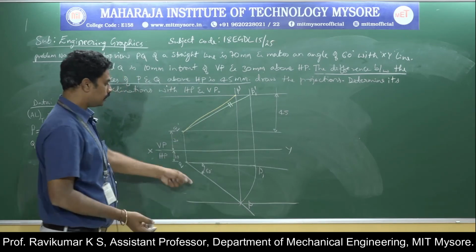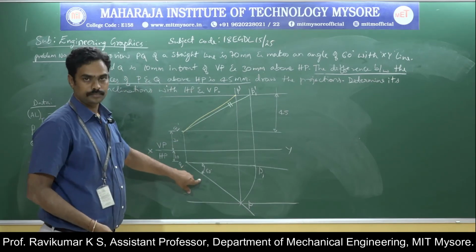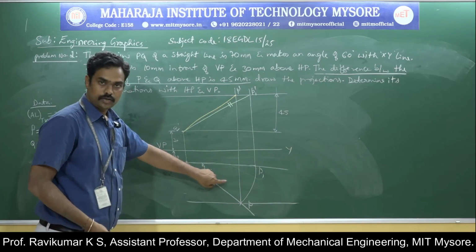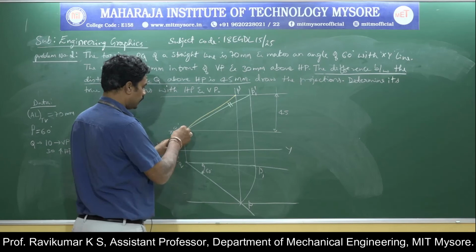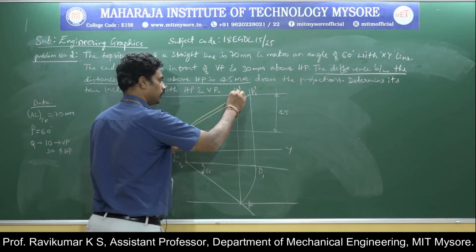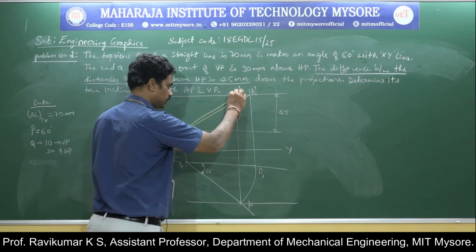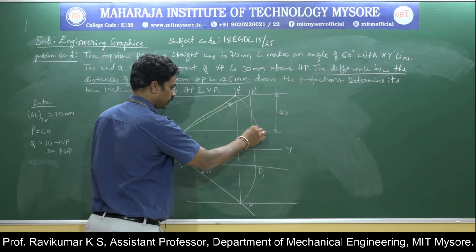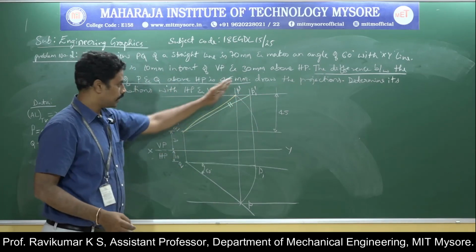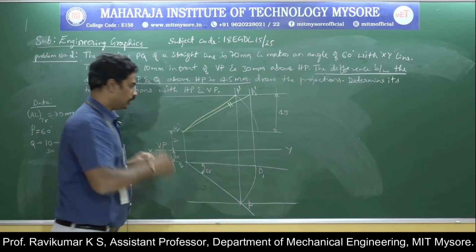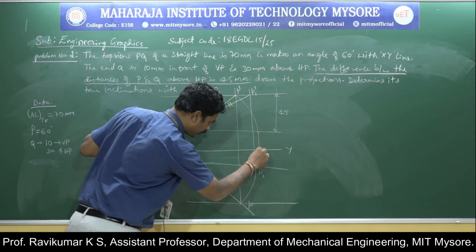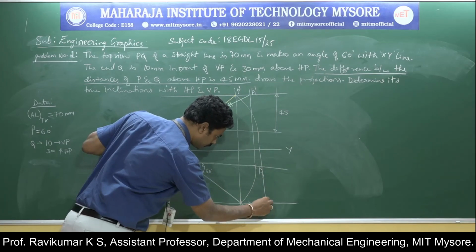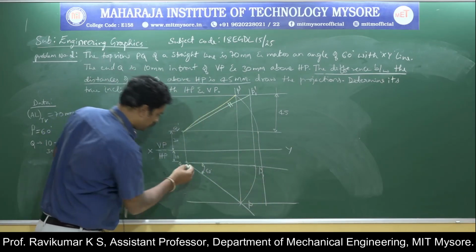Then you need to get the true length in the top view. To get it, you select Q dash as center and Q dash P dash as radius. You draw a curve like this, that is taking off the inclination in the front view. Then drop a perpendicular from this line until it touches the locus, and you will get the true length.